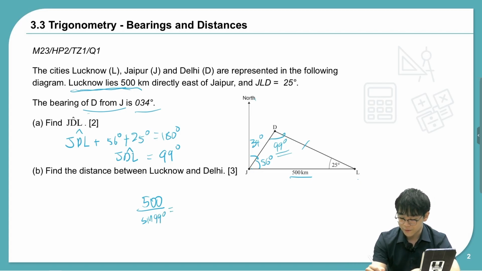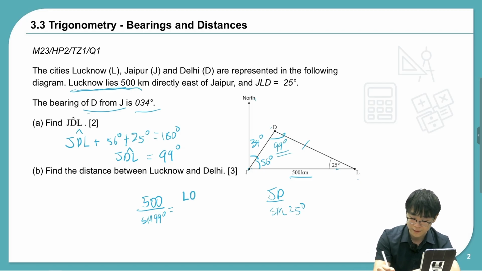So if we have, say, side length JD, that would be equivalent with sine 25 degrees. So we could have JD over sine 25 degrees. But in our problem, we're more interested in LD. So we'd write length LD over sine 56 degrees. So we can just solve for the length LD here.